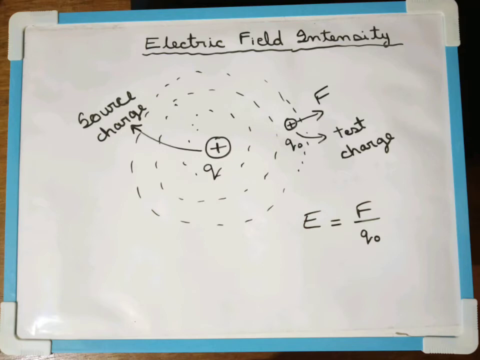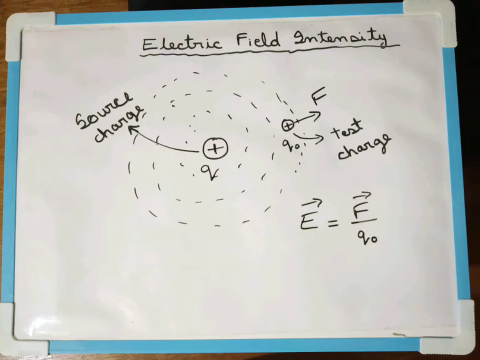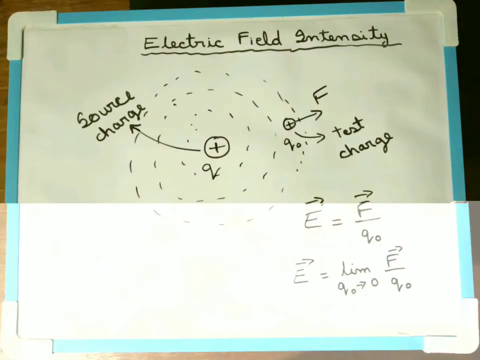Since force is a vector quantity, the electric field can also be represented in vector form as E vector is equal to F vector divided by q naught. Now, since this test charge is very small, we can also express the electric field intensity in another way, as E is equal to the limit of the force per unit test charge as the test charge tends to 0.